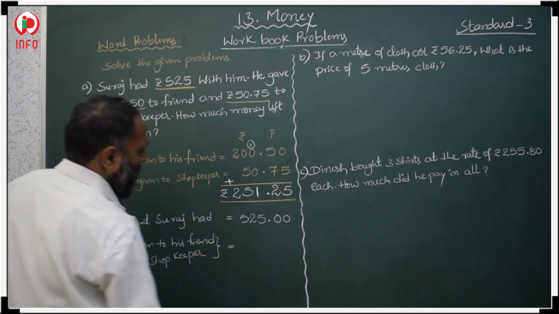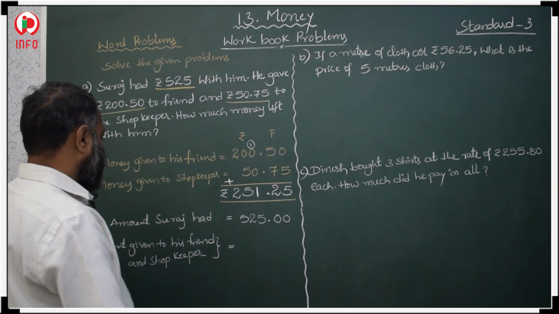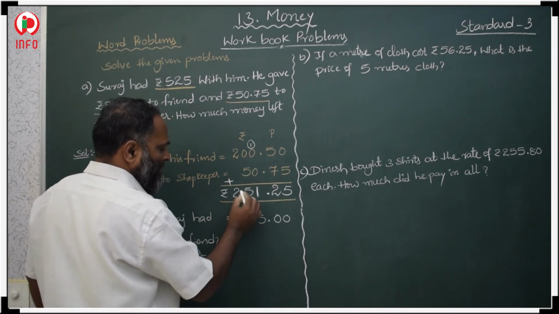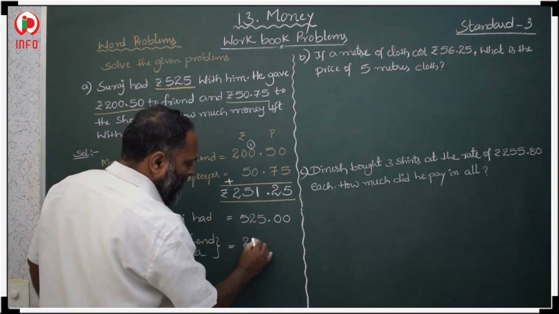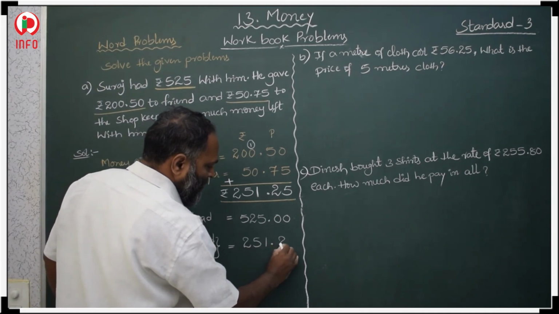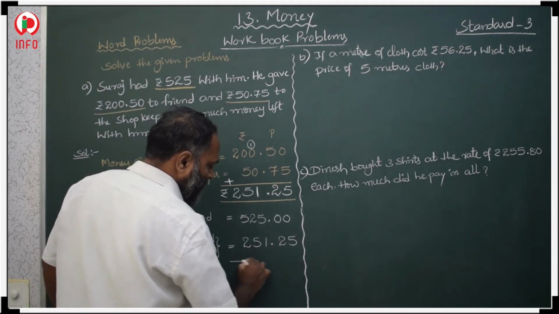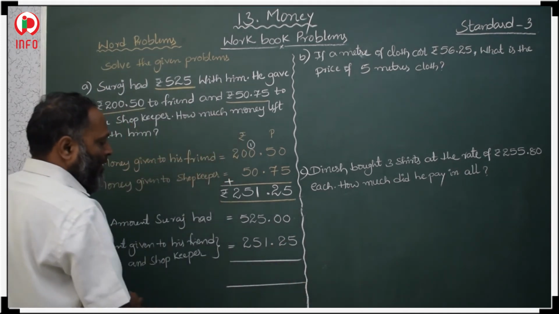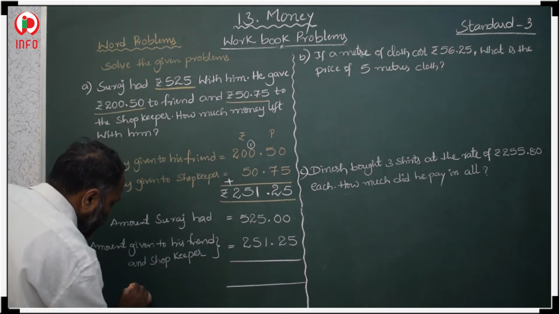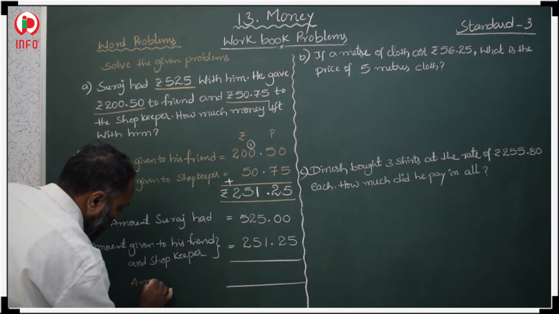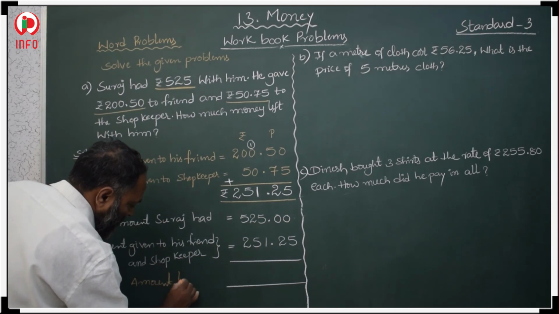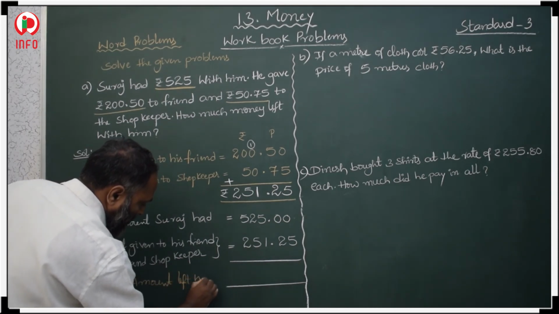How much amount has he given to his friend and shopkeeper? That is 251 rupees 25 paisa. Then the amount left with him means subtract. Amount left with him.